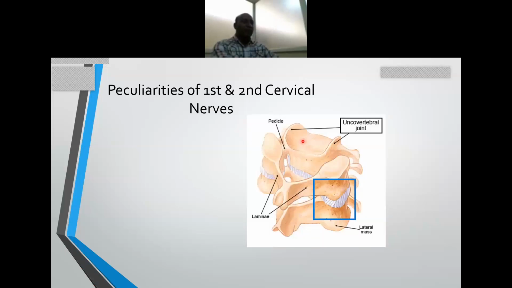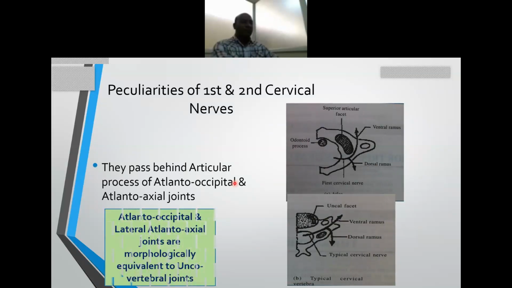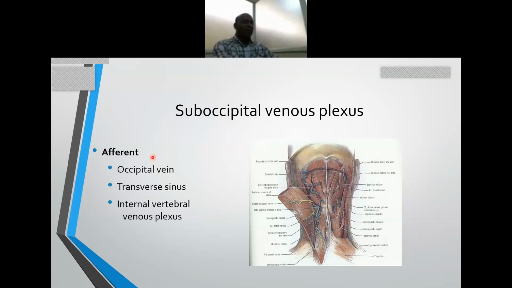So that is a peculiarity of C1, C2. The suboccipital venous plexus is formed by the occipital vein, the transverse sinus, and the internal vertebral venous plexus.